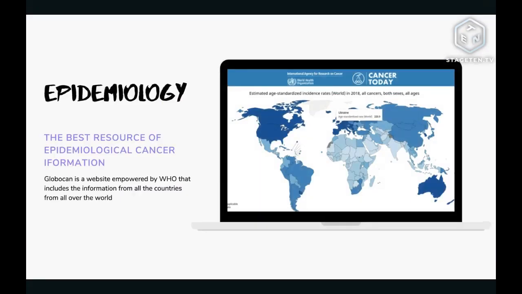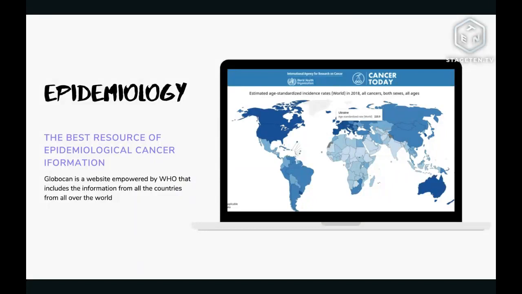So clinicians usually are more interested not in the pathological features and the biology of cancer, but in the epidemiological data. The best resource of epidemiological cancer information right now, which counts the information from all over the world, to be exact, in 185 countries and 36 types of cancer, is GLOBOCAN.